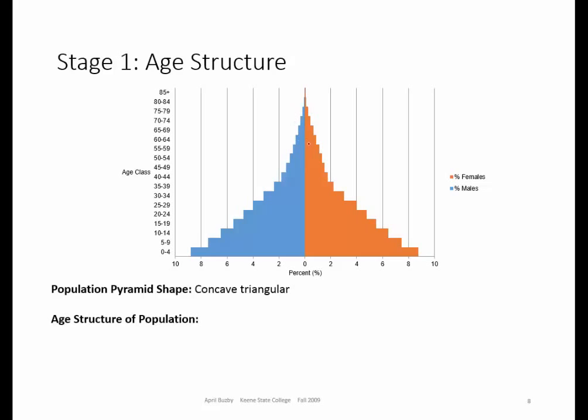And when you get into the older ages, the retirement age as we think of it, it's much less than 3%. And this is the pre-industrial population. If you look at this structure, and this has been verified all over the world, you could go through pre-industrial population pyramids and you'll find this structure all over the world, where the majority of your population is under the age of 40.